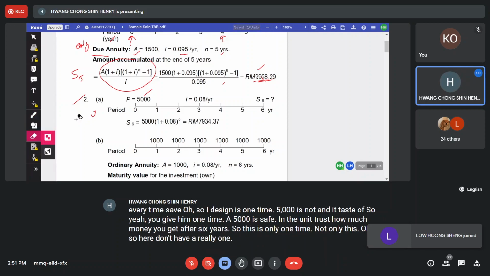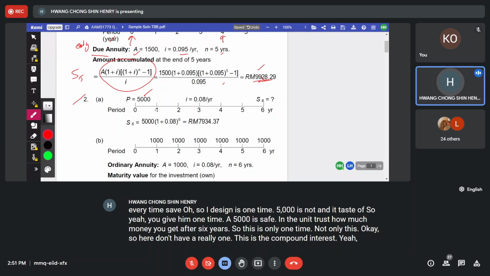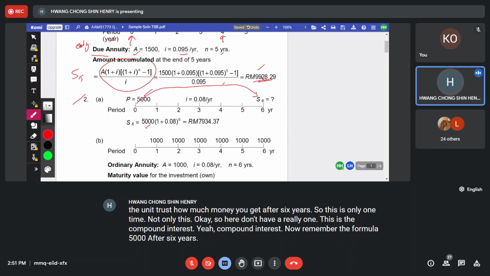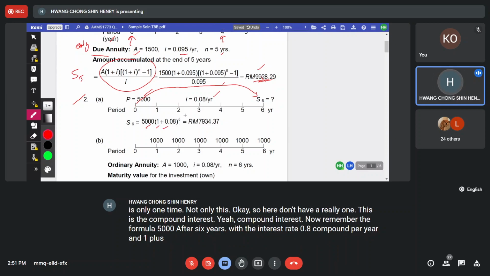This is the compound interest. Okay, everyone, compound interest. Remember the formula? 5,000 after 6 years with the interest rate 0.08 compounded per year, times (1 plus i) power of 6. This is the money you get after 6 years. Okay, careful.